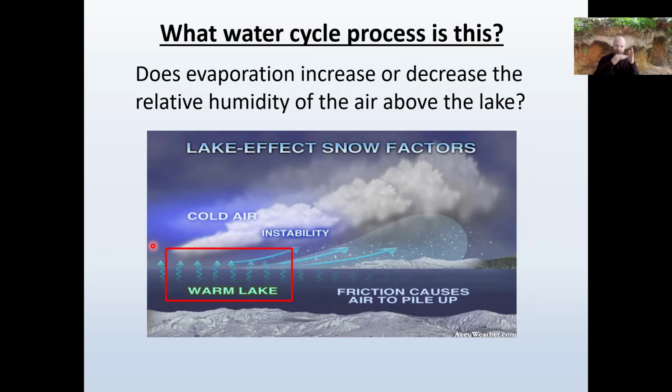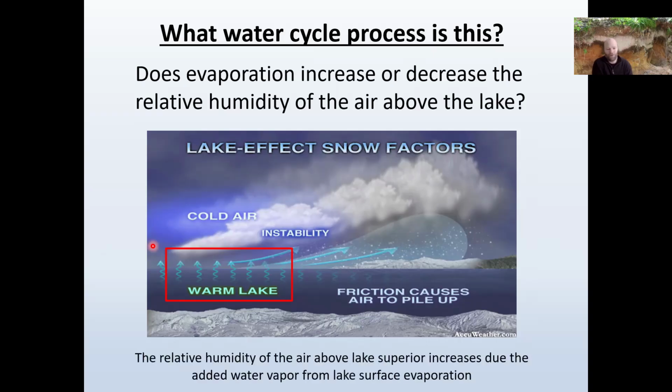So there's more moisture, and that means you're getting closer and closer to saturation. As this cold, dry air moves over the relatively warm Lake Superior, the air does warm up a little bit, but it's still pretty darn cold. But you're adding this incredible amount of moisture into the air.